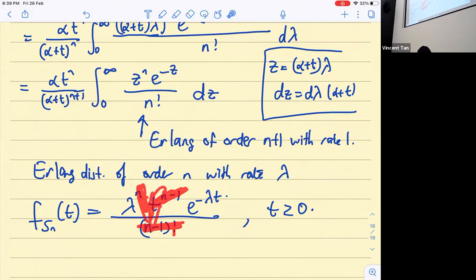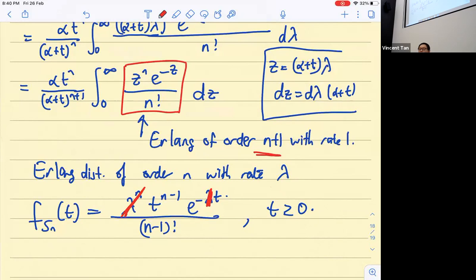If you get rid of the red part, you see that the remaining part is the exponential distribution. So I'm right. That's the way I check that. Now, if the rate is equal to 1, then we get rid of this. Then this is 1, and this is t to the power n plus 1, e to the minus t, over n plus 1 factorial. So we raise this by n plus 1, and we get exactly this distribution here. Cool, right?